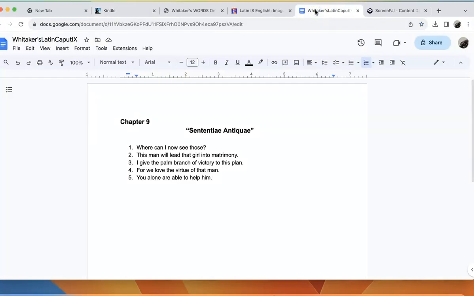So I will change this to be a little bit more exact, I guess. You alone are able to help him. You alone are able to help this man. But again, the original Latin doesn't have man, so you could say him as your translation. In fact, that sounds, that works. But if we want to be more literal with the grammar, we can say this man, because hunc is masculine.